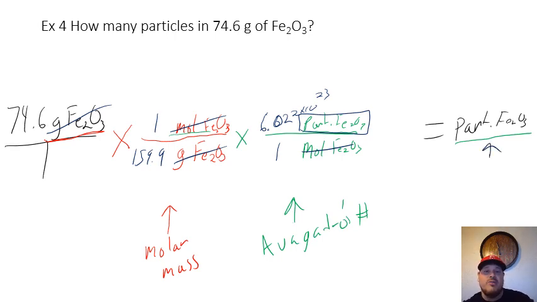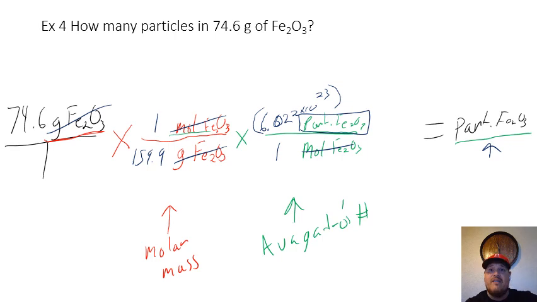Now I punch it in my calculator. I will tell you that when you do this, make sure that when you type this up, you put this whole scientific number down here in brackets. Just because what's going to end up happening is your calculator will be like, all right, it's 74.6 times 6.022 or whatever it is, and then it'll say times 10 to the 23rd. So it'll give you some really jacked up number. The exponent has to be done first.